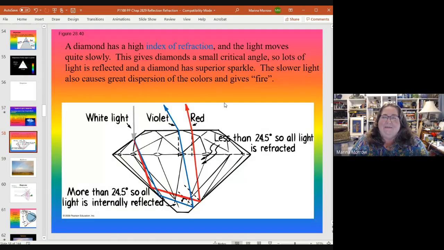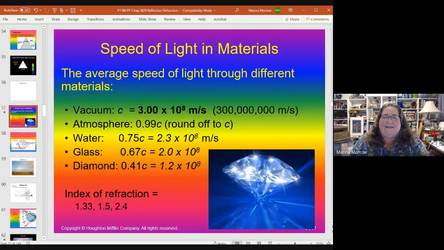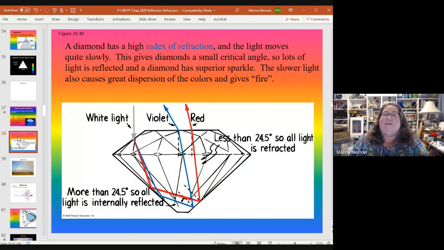Okay, now a diamond, remember, slowed light down to less than half of its original speed, right? So light is only going 1.2 times 10 to the 8th meters per second. Still very fast, but it is only 41% of its original speed. So what happens is that the dispersion can be dramatic. Even in a small diamond, you have the colors breaking into different paths.